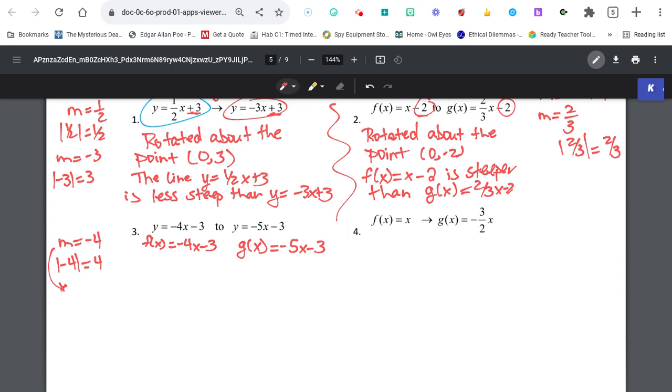But it went from having a slope that had an absolute value of 4 to having a slope of -5, but the absolute value of that is 5. So I can tell that the original line got steeper. It went from having a steepness of an absolute value of 4 to a steepness of an absolute value of 5 for the slopes. All right, so the y-intercept stayed the same, so it's going to be rotated around that y-intercept or turned around that.